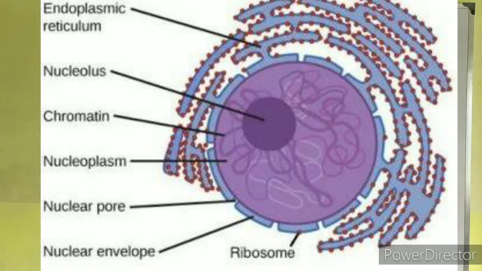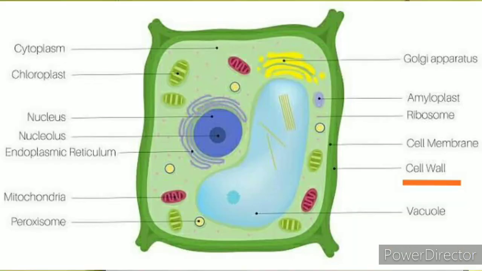Next, students, I will tell you about the cell wall. The cell wall, as I have told you, is present in the plant cell or the bacterial cell. You can see this diagram of plant cell. Here I have underlined the labeling cell wall.